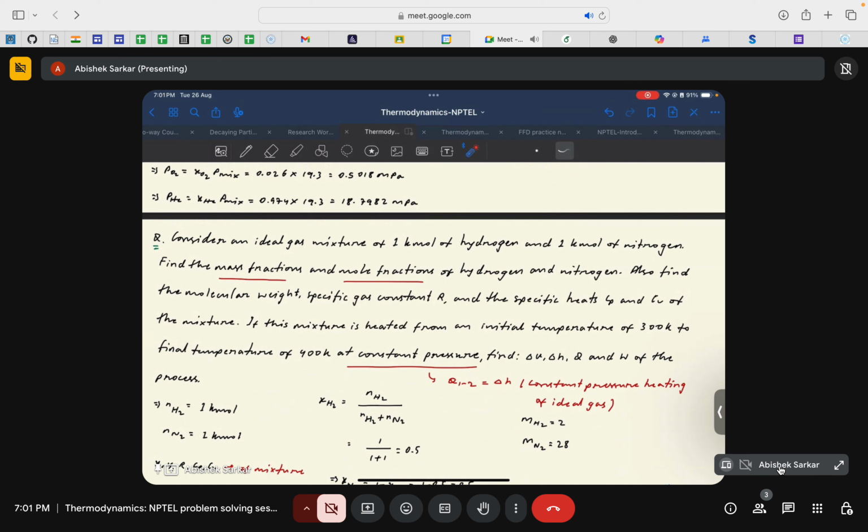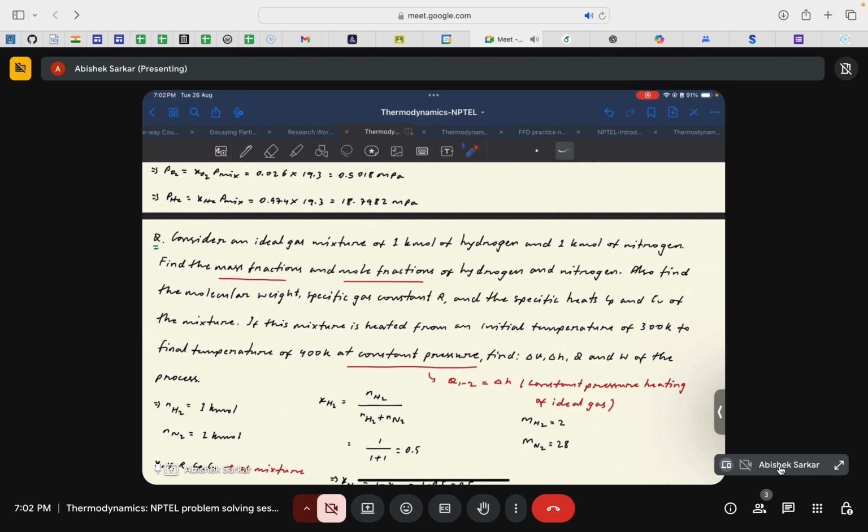First you need to find the properties of a mixture, and then given the process, heated at a constant pressure from 300 to 400 Kelvin, you need to apply the first law of thermodynamics to find the net heat input and the net work output, or the net heat and the work interactions. That's what the question is.